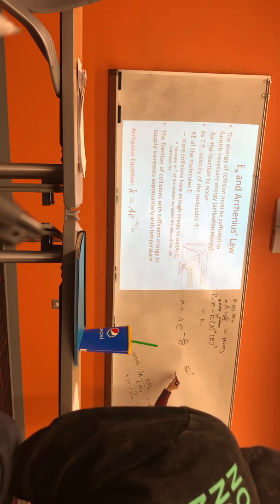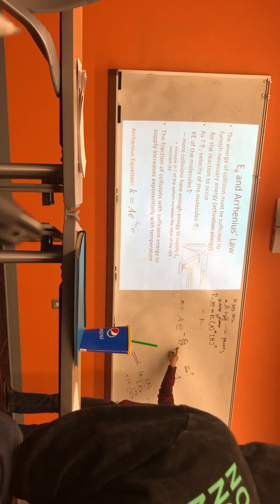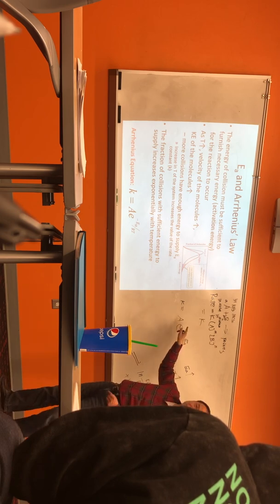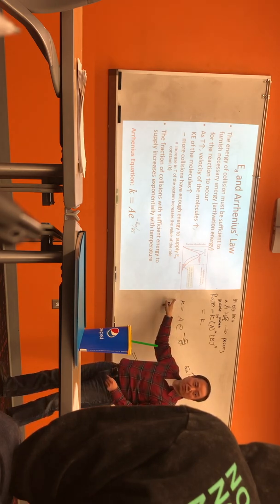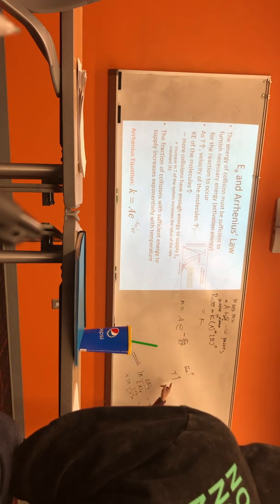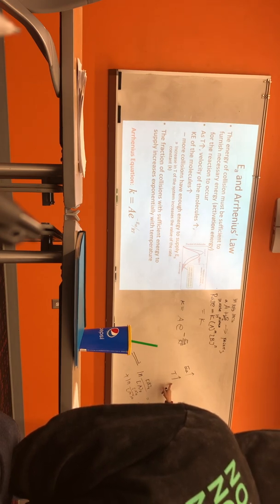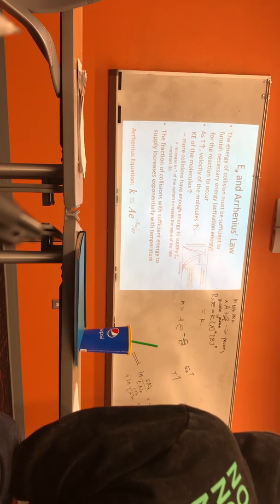And also if temperature goes higher, then this number will be smaller. A small negative number means the exponent is a bigger number. Then that makes K a bigger number. So at higher temperature, the reaction goes faster. That's why we have to put our food in the refrigerator to keep the temperature low, so the reaction goes slow.